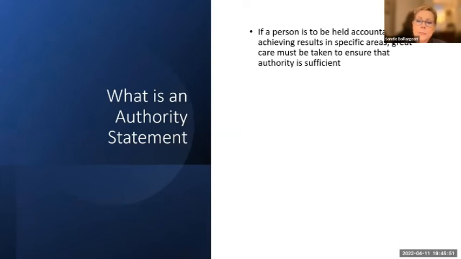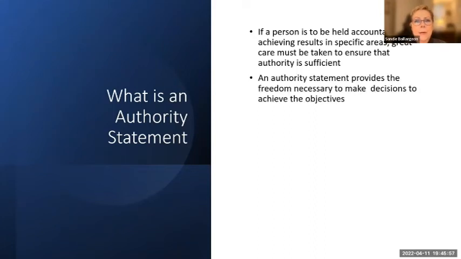If a person is to be held accountable for achieving their results in specific areas, it's important that they have a proper authority statement so they know that they have the ability to do that. So they have the ability to follow a certain guideline for their budget, for their ordering, have a system of regular ordering or automatic ordering if that's the case.